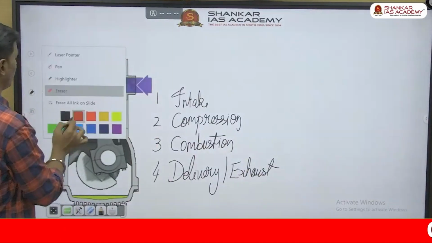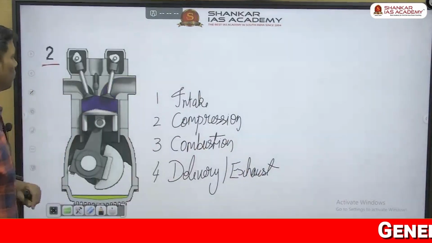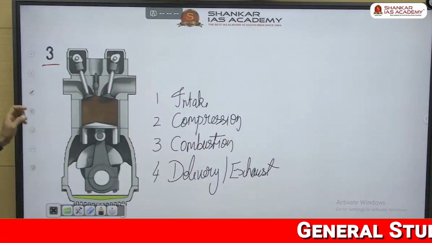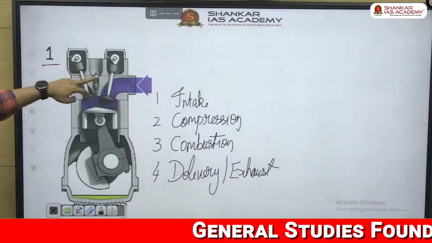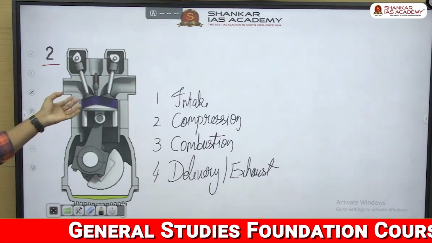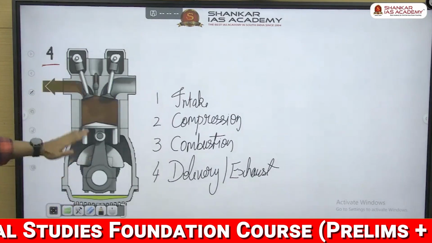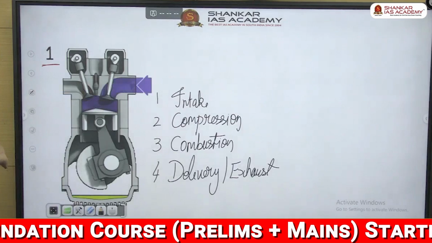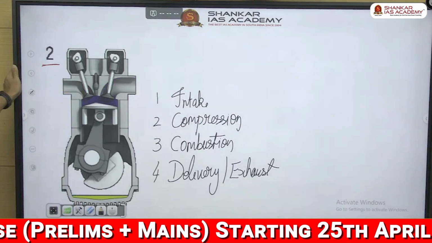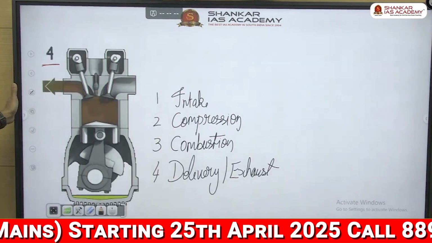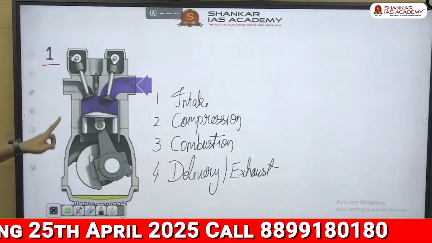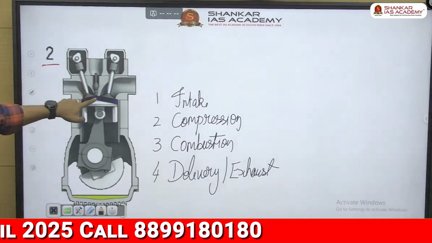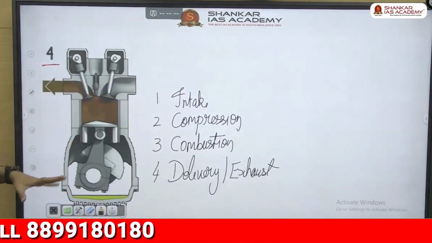You see here, look at all the 4 phases. Numbers given here. 1, 2, 3, 4. 1 is entry. 2 is compression. 3 is combustion. 4 is exit. Do you see 4 phases? And when does the combustion process happen here? Which phase? 3. Spark plug here causes the combustion, correct?